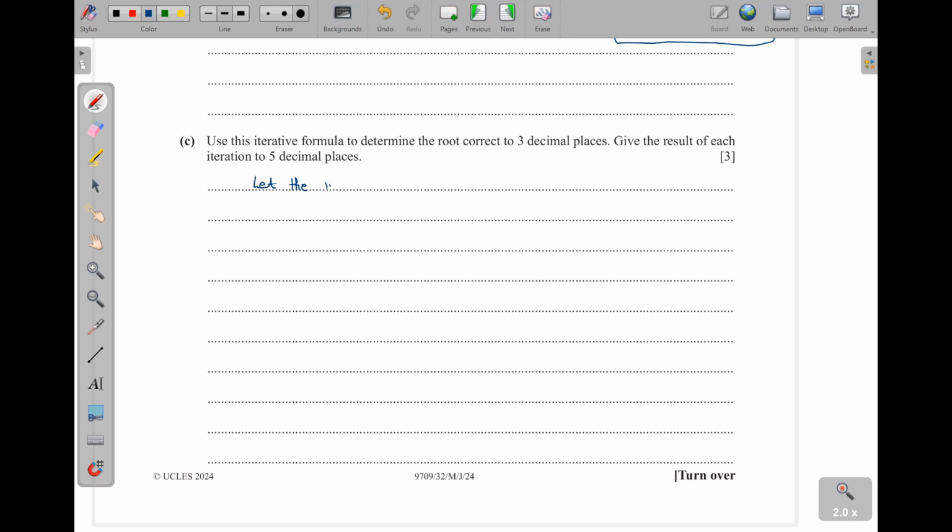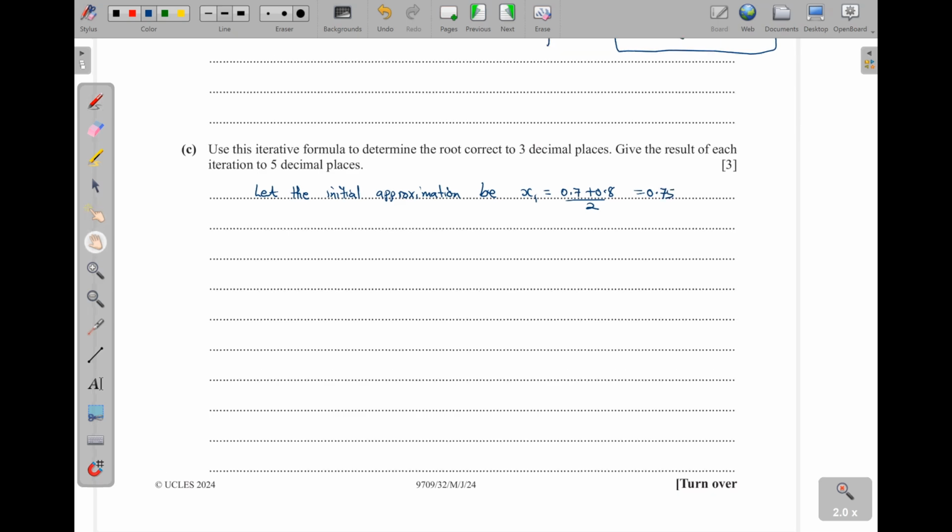So let the initial approximation be x1, which is going to be equal to 0.7 plus 0.8, then we divide by 2. This one is 0.75.